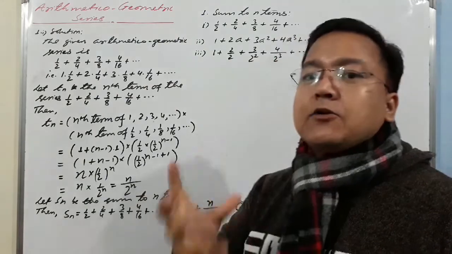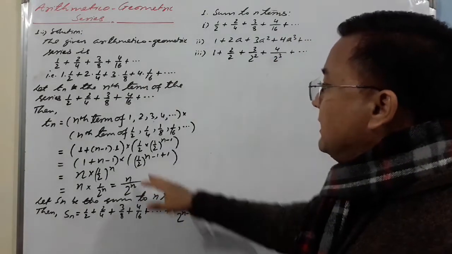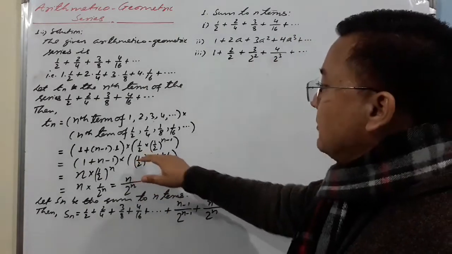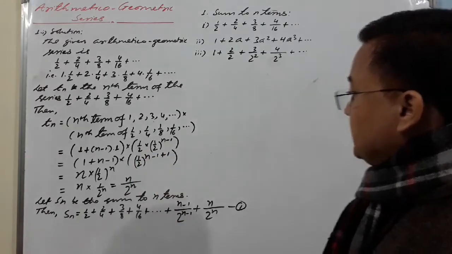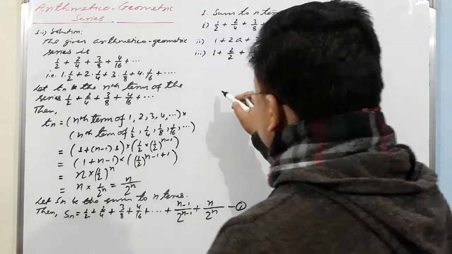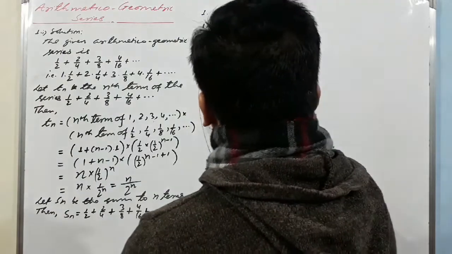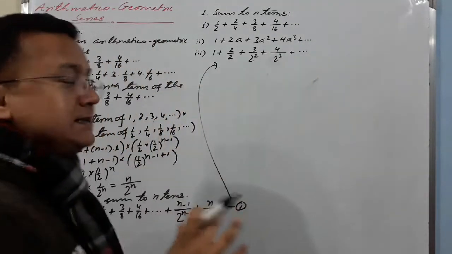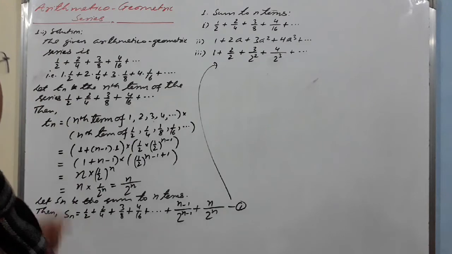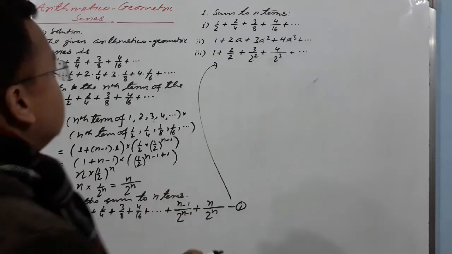In a GP, here the common ratio is 1 by 2, as I told you while finding the nth term of the GP. So now multiplying, after this I'm here. So this is the procedure to find out the sum of n terms of the Arithmetico-Geometric Series.